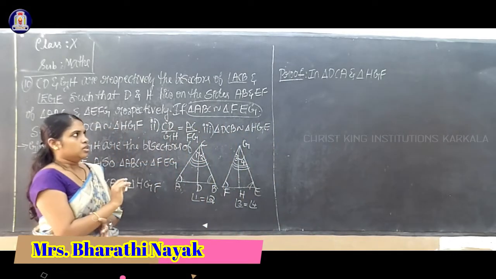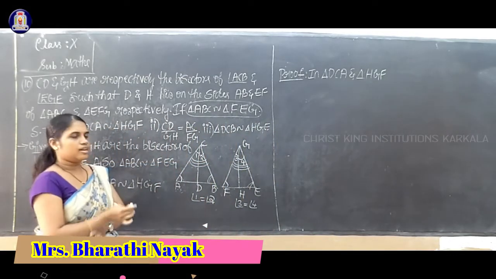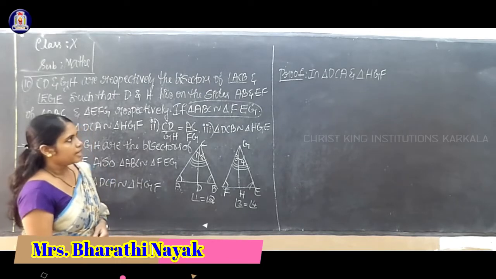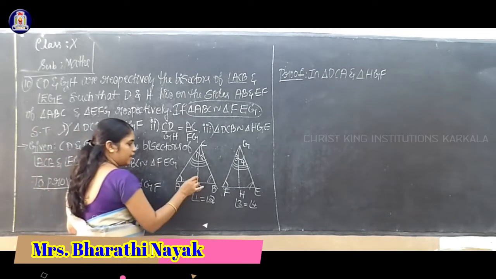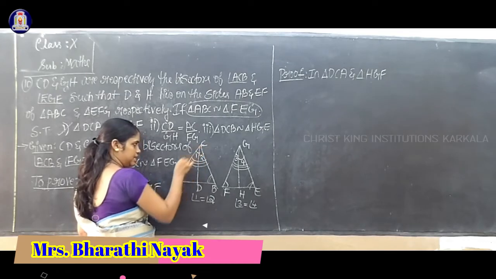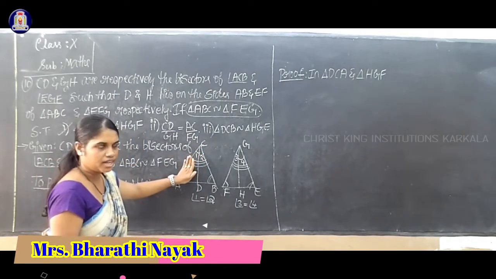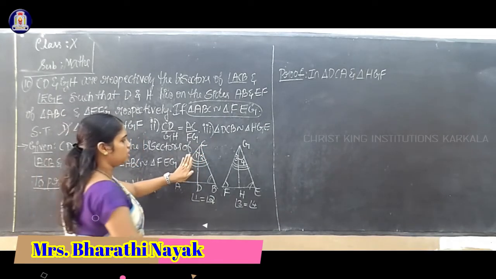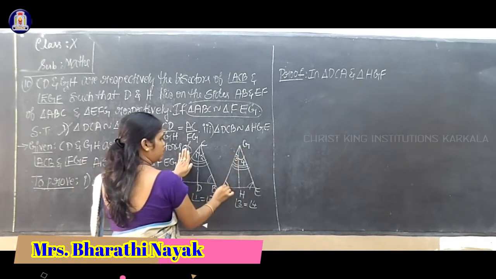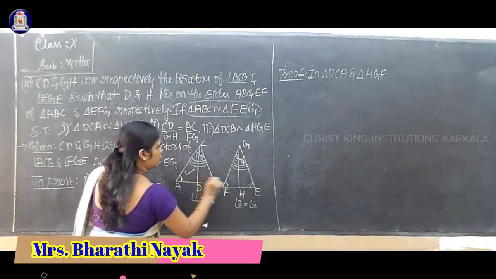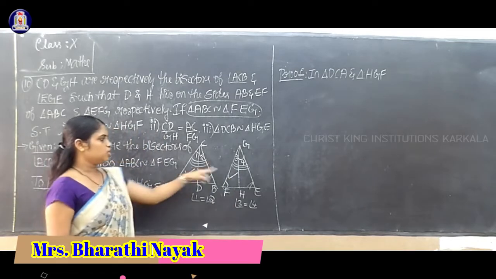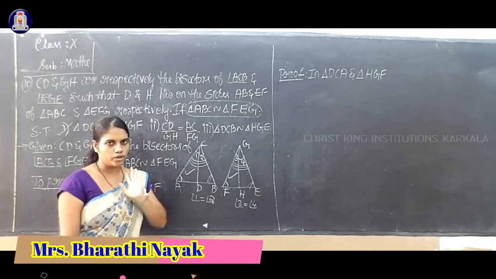How to prove these two triangles are similar? Where is your triangle DCA? DCA means this first half triangle, and another one, HGF, first half. This one and this one. These two triangles are similar, this is what we have to prove.